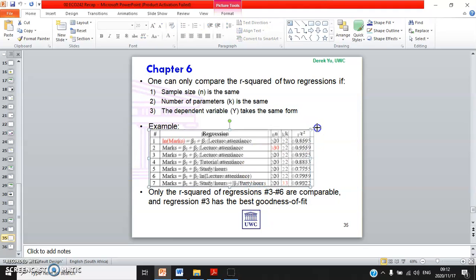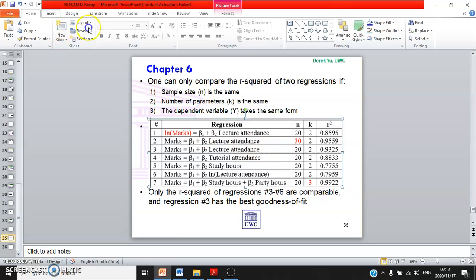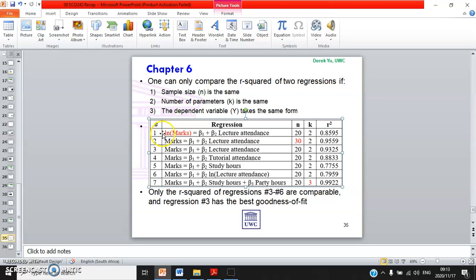So if we look at this example, the 7 regressions, right from the beginning, I can see it is impossible to compare the first regression with the other 6 because you already see for the first regression, the Y takes a different form. You see the log of Y. But for the other 6 regressions, Y or the marks here are all in linear form.